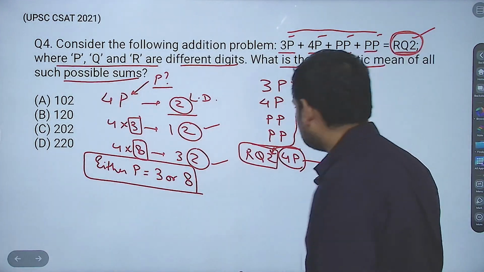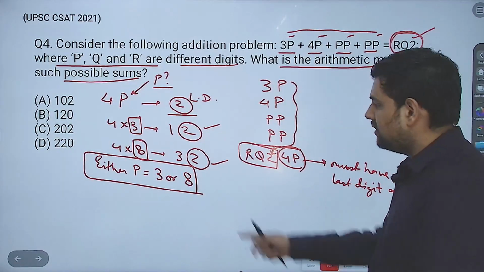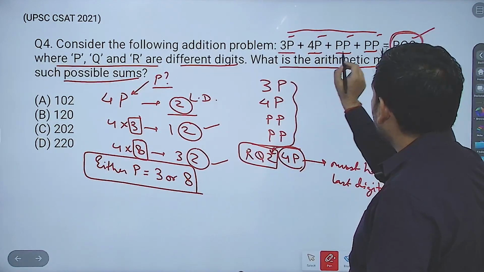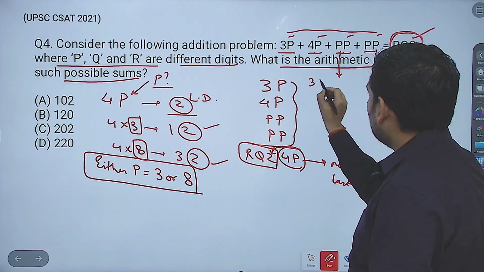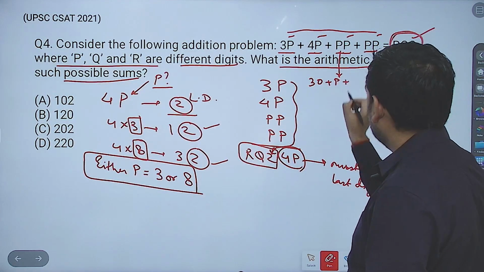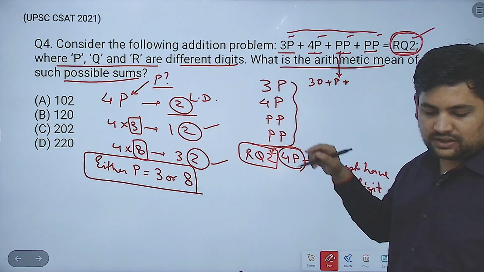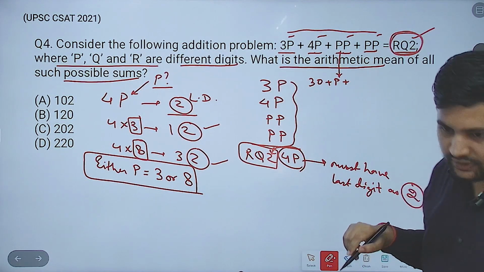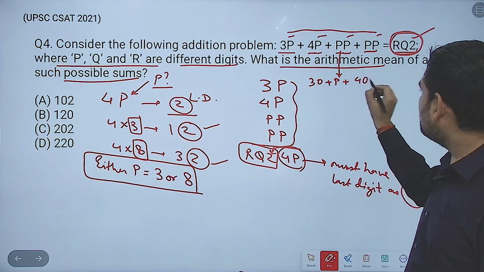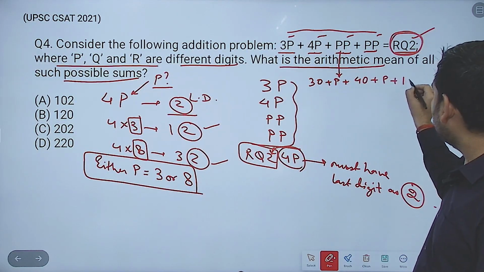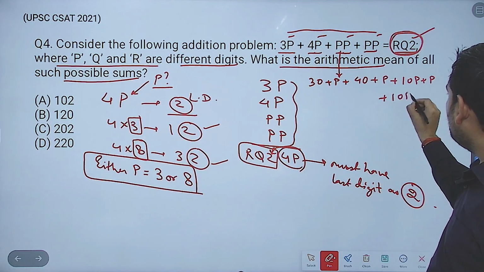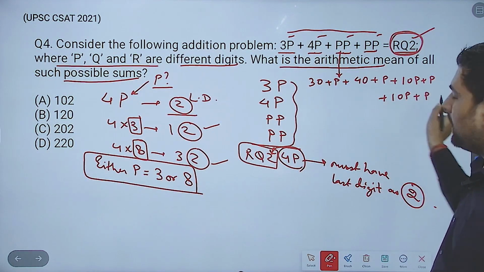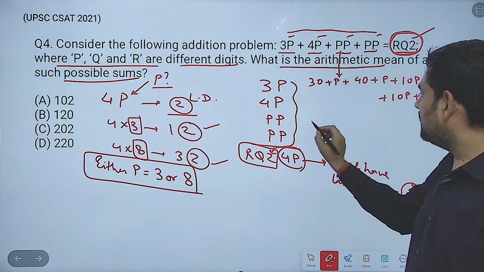Now if I have to find the average, this 3p, 4p, pp, pp can be written like this: 30 plus p, this is our tens place. Then 40 plus p. Then 10p plus p. Then 10p plus p. All these are the terms.